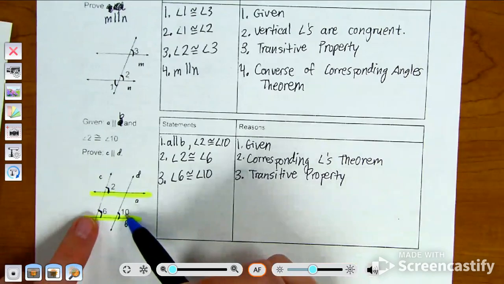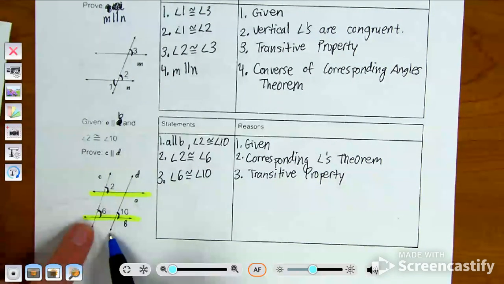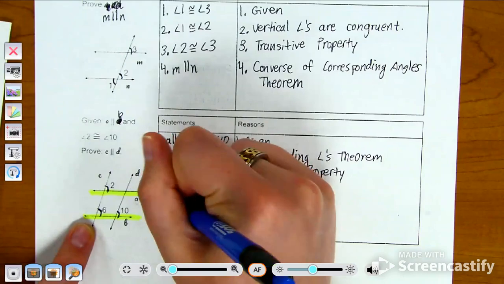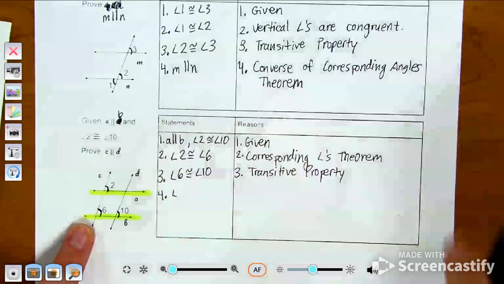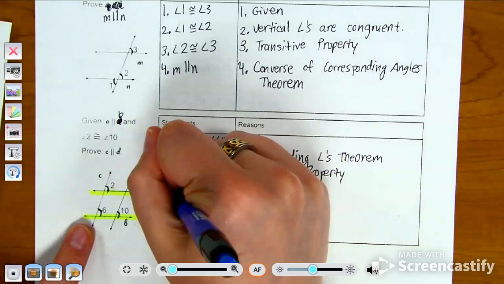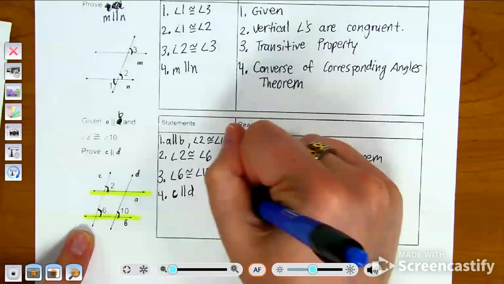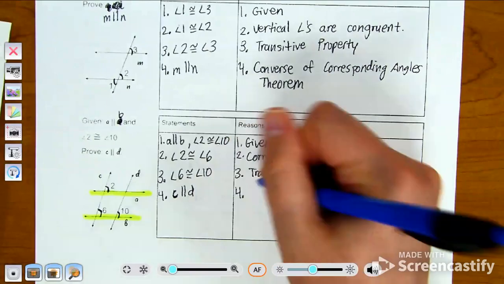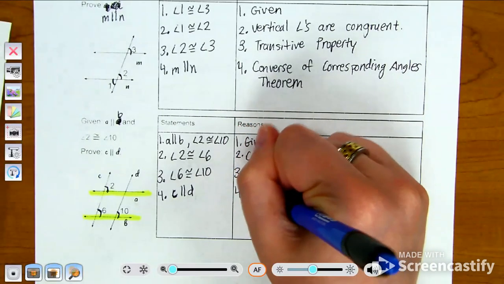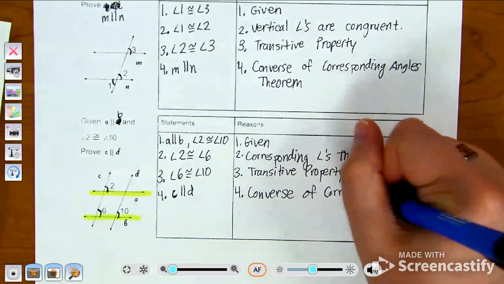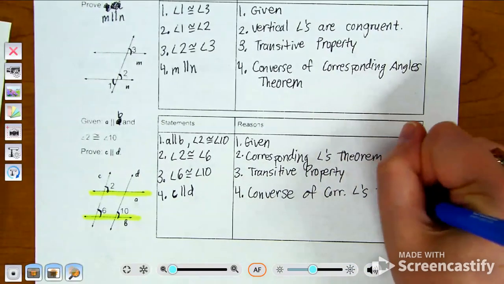So since they are corresponding angles that we've shown are congruent, that's enough to guarantee that lines C and D are going to be parallel to each other. So we can say that line C is parallel to line D, and the reason will be the converse of the corresponding angles theorem.